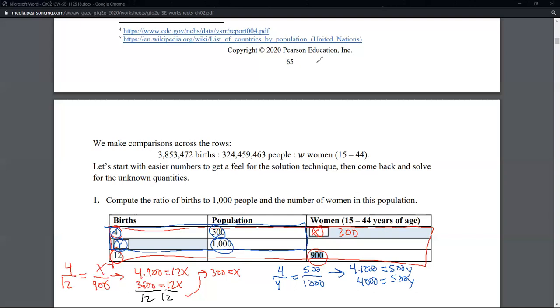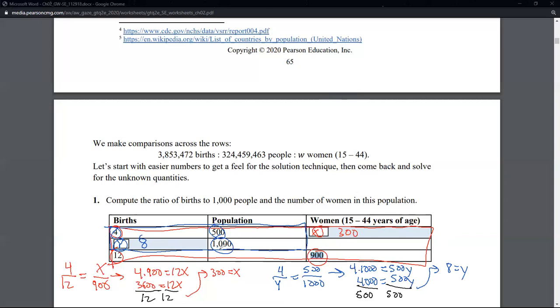Divide both sides by 500. And basically you're just doing 40 divided by 5, which is 8. So 8 is equal to y.